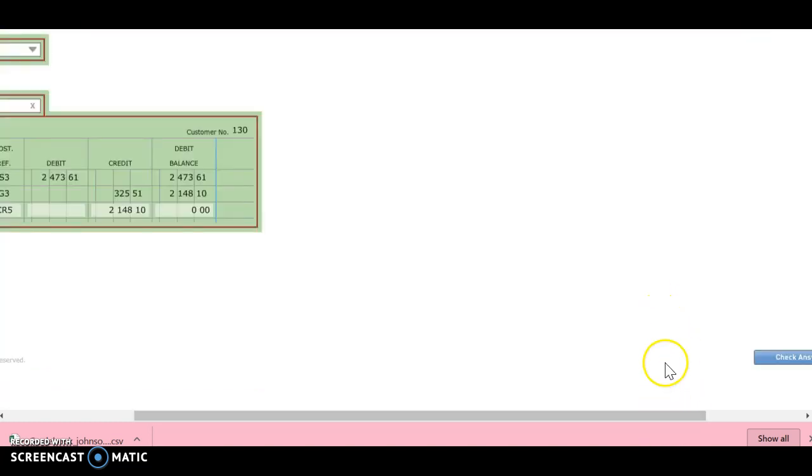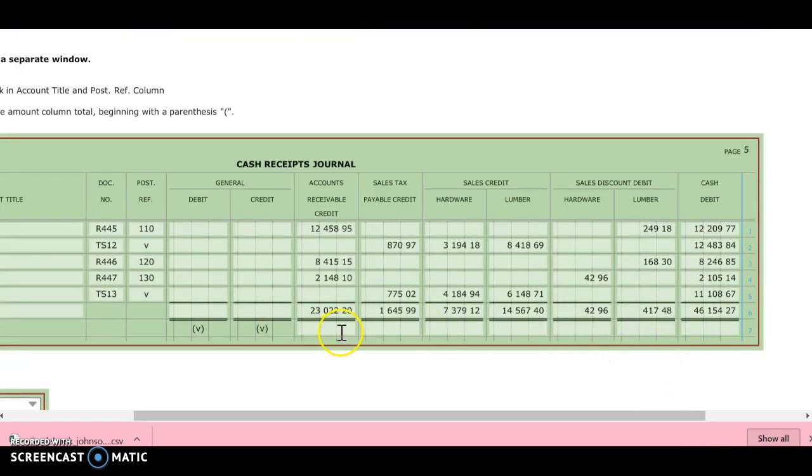Now, before I move on to my posting, I should double check that my debits equal credits. So what I'm going to do is add up my credit accounts. And then I'm going to add up my debit accounts.